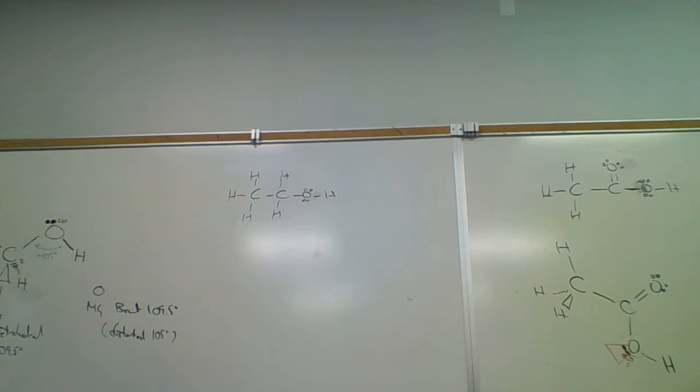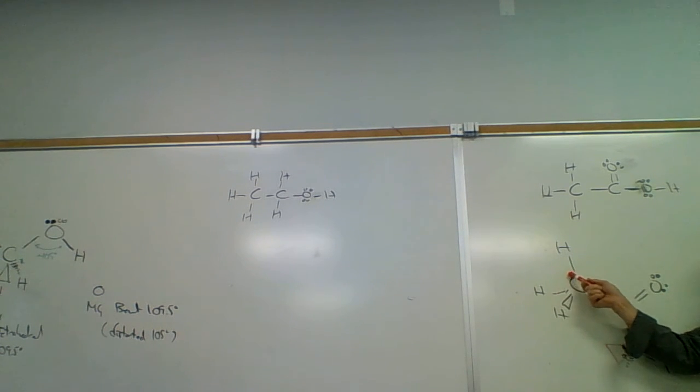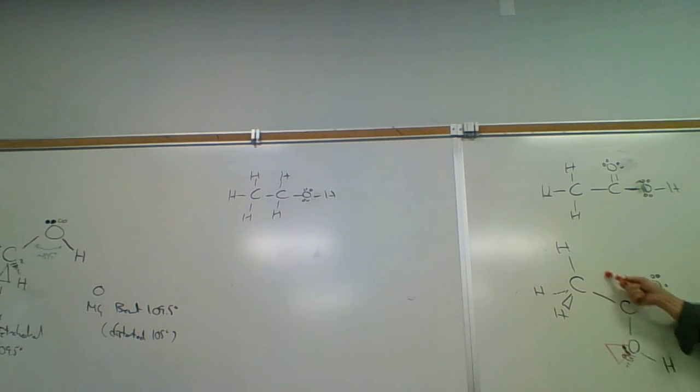So when we look at the molecular geometries, what's the molecular geometry of this carbon? Tetrahedral. This carbon, trigonal planar. Okay, so the HCH angle here should be what? 109. The HCC angle should be 109.